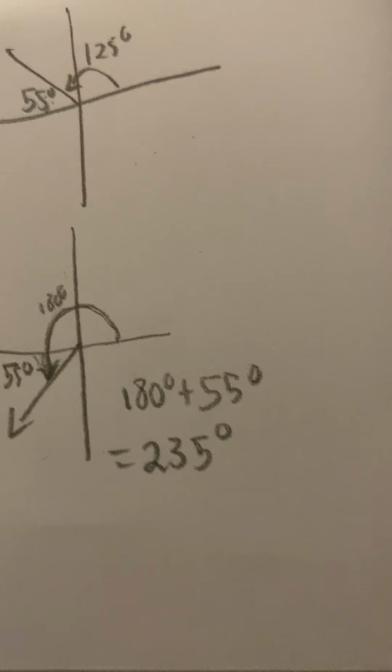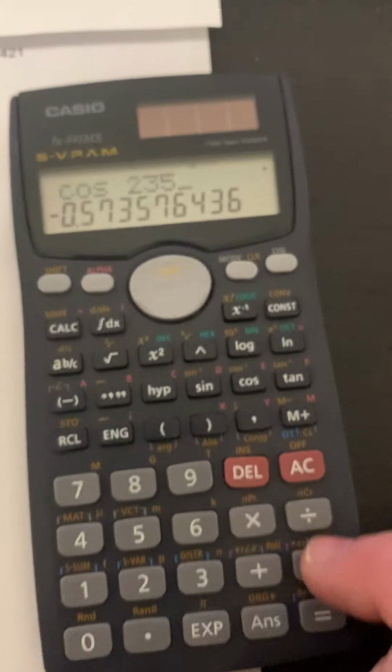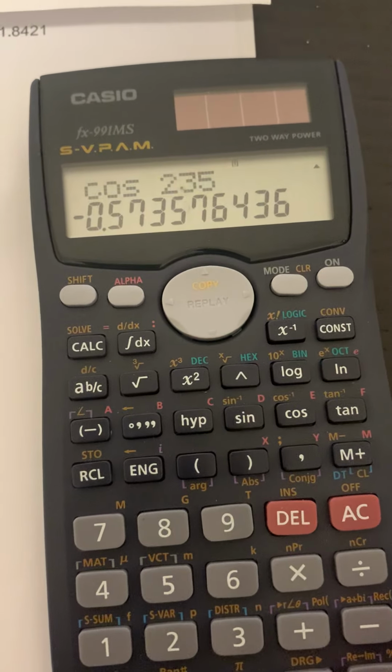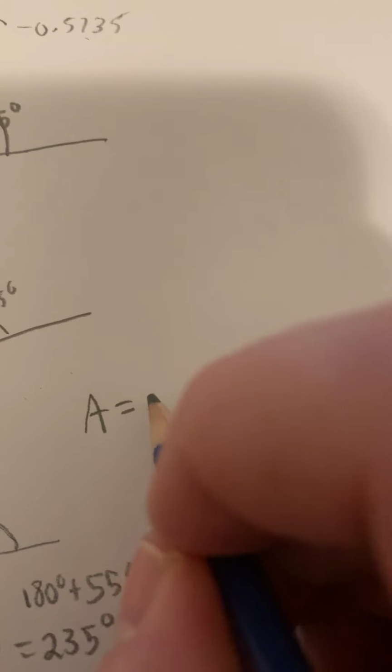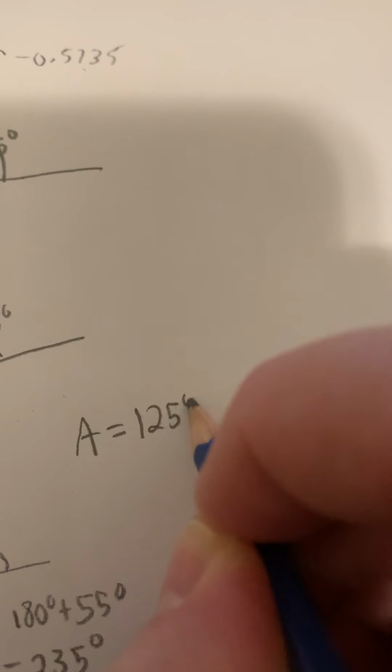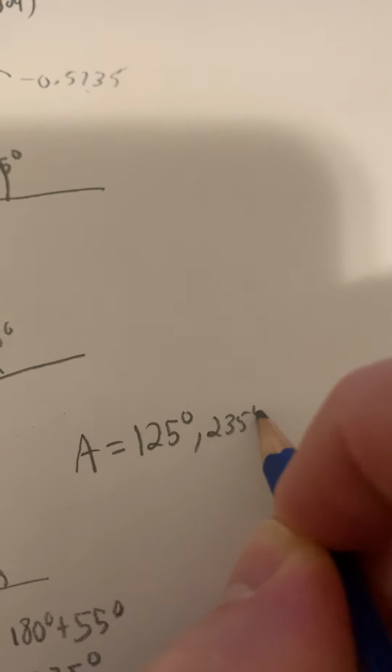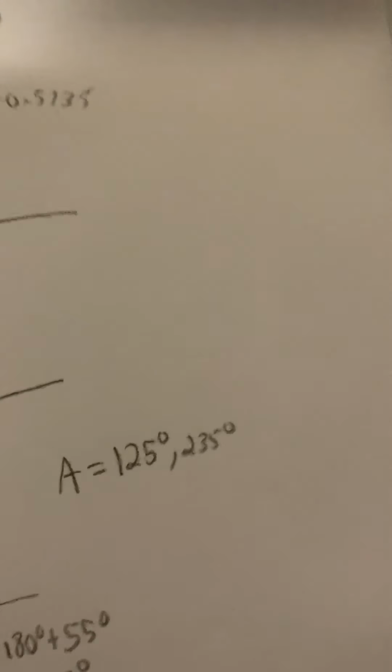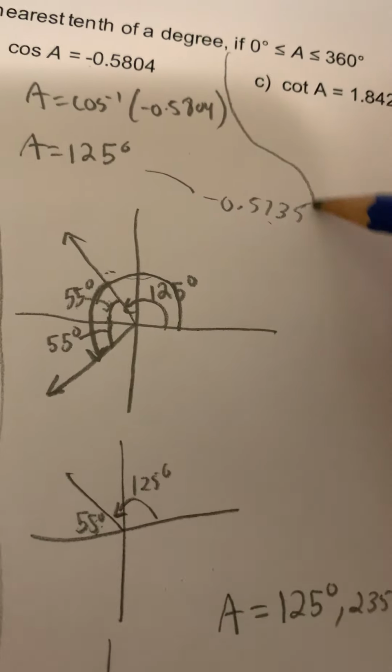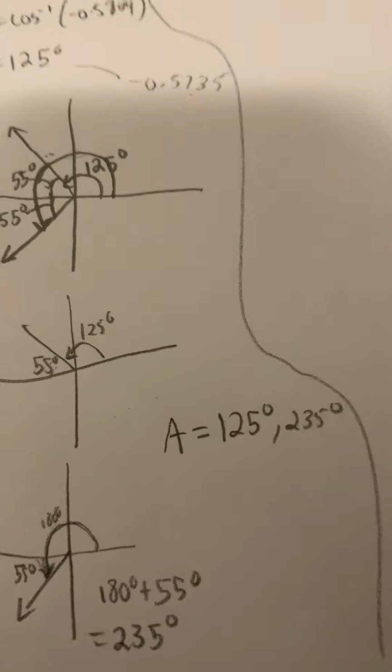Now let's try cos of 235. Cos of 235 gives us, boom, the same answer. So A is both 125 degrees and 235 degrees. When you're doing these, there are always two answers.